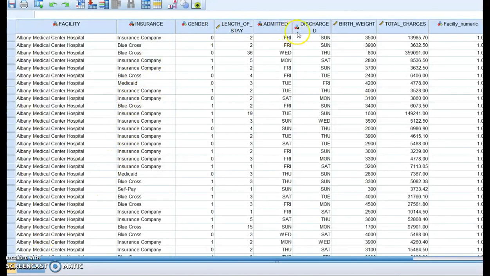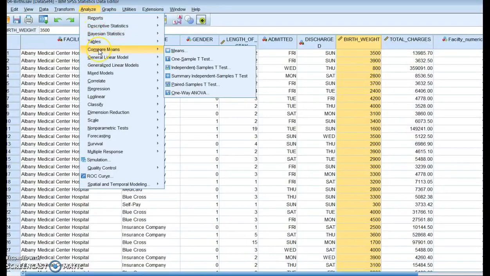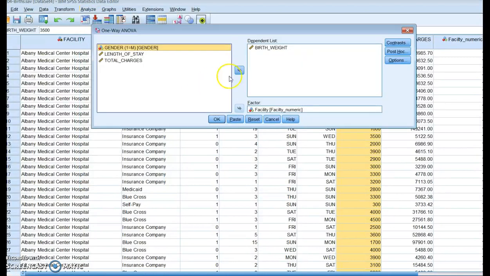Keep in mind, we're testing whether the birth weight is the same for different facilities. So we go to Analyze, then Compare Means, because that's basically what we are doing, and hit One-Way ANOVA. I have something already left there. We are comparing the birth weight, so put birth weight, the numeric variable, into the dependent list.